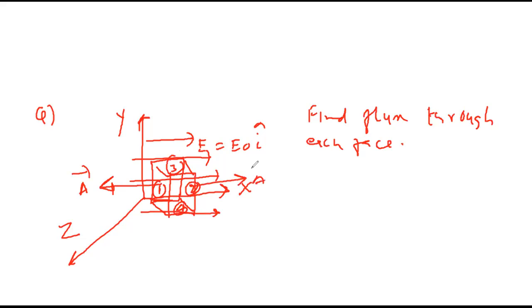So can I say the flux through the first face is E A cos of the angle between E and A, which is 180 degrees. E is E naught in magnitude, area is A square, and cos 180 is minus 1.